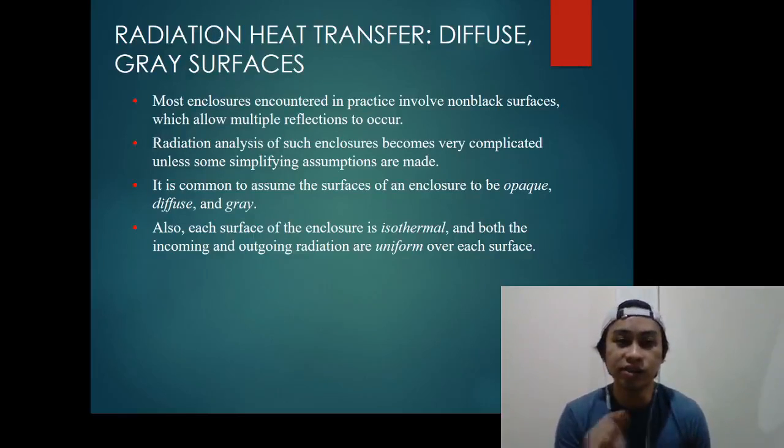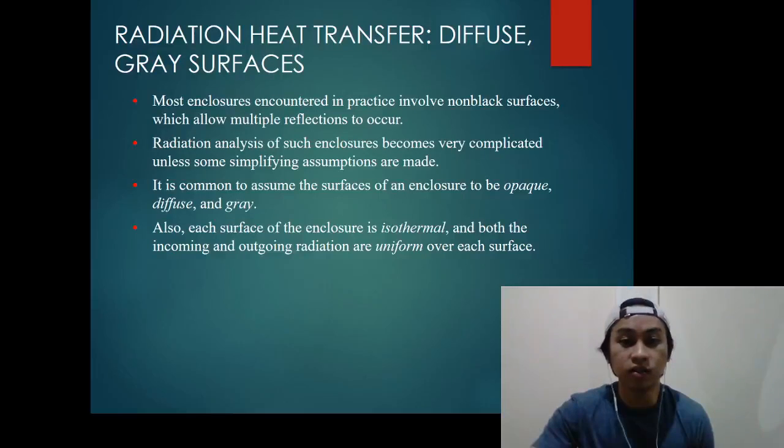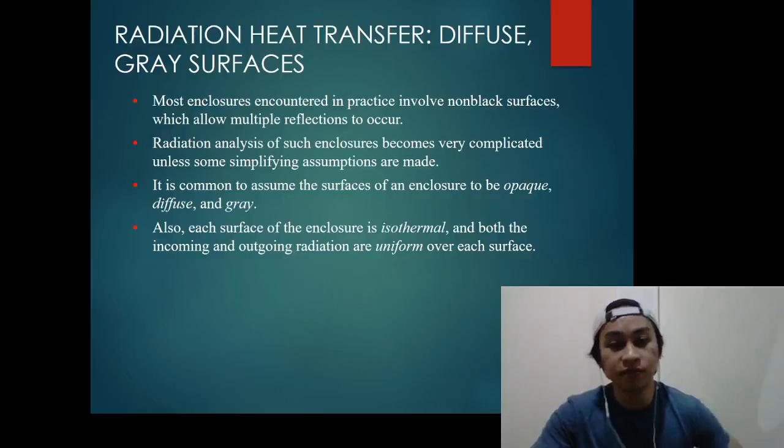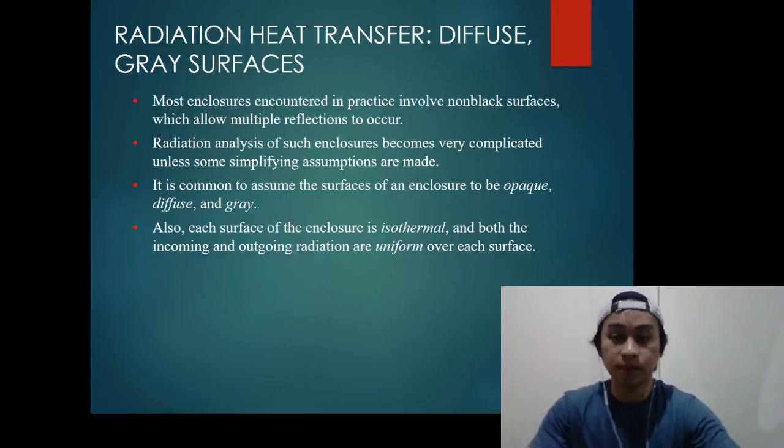Radiation analysis of such enclosures becomes very complicated unless some simplifying assumptions are made. It is common to assume the surfaces of an enclosure to be opaque, diffuse and gray. Also, each surface of the enclosure is isothermal, and both the incoming and outgoing radiation are uniform over each surface.